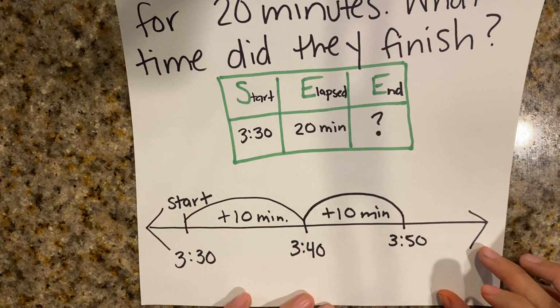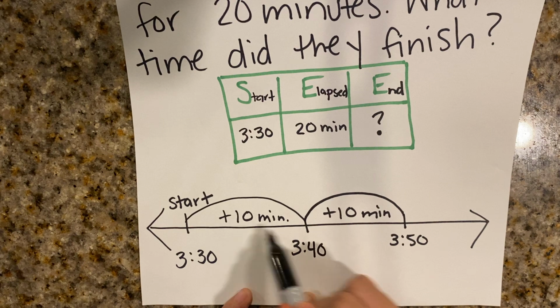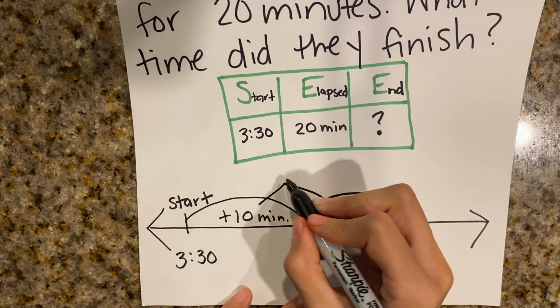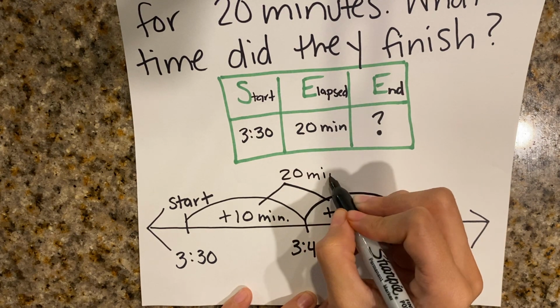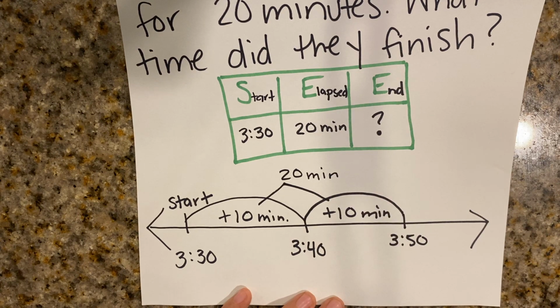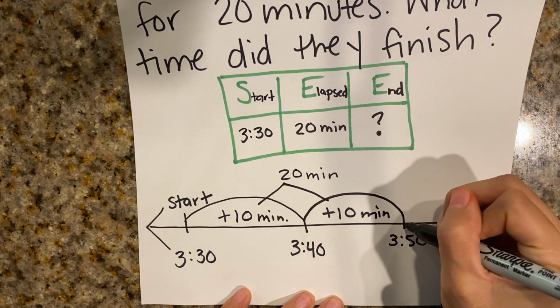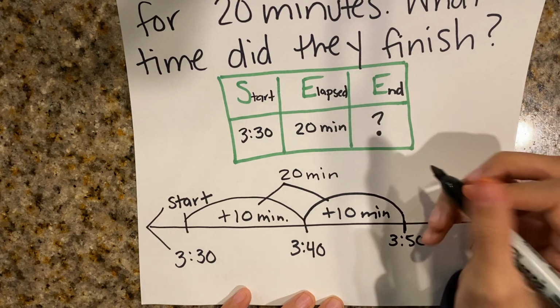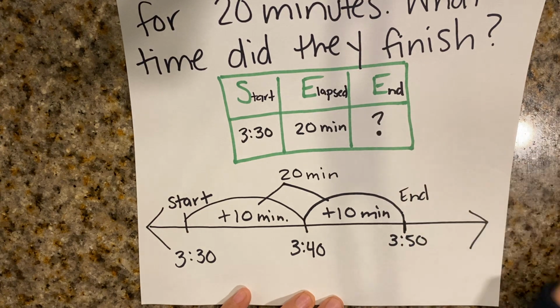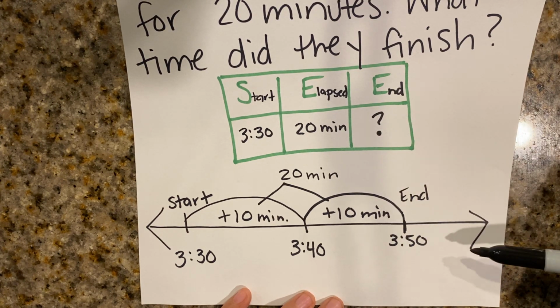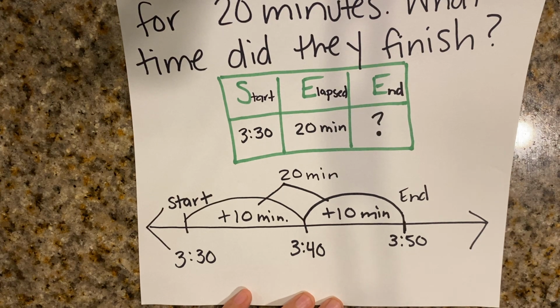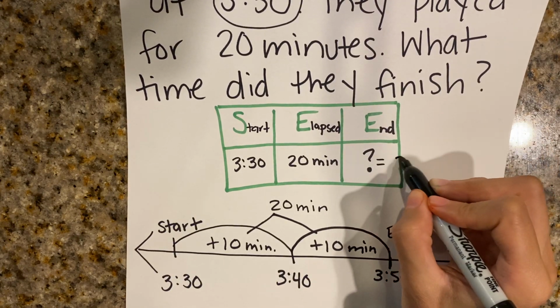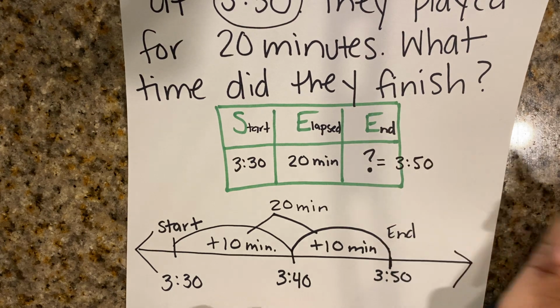And then I just have to make sure we let them know 10 plus 10 is a total of 20 minutes. So I added the full elapsed time. So that must mean that this end time where I stopped is my answer. So they finished playing at 3:50. And you can always come back here and just add 3:50.